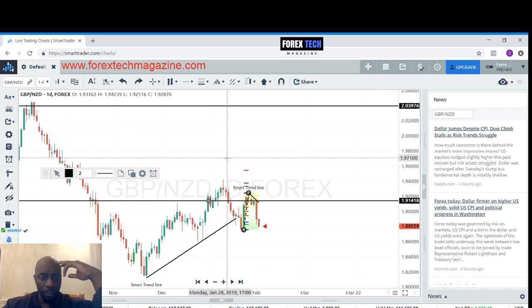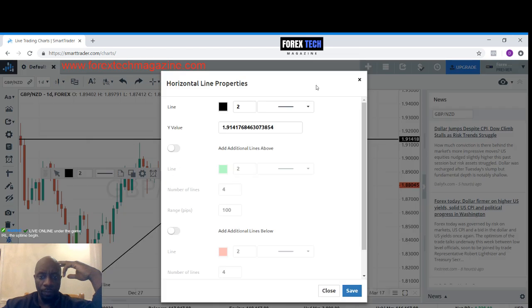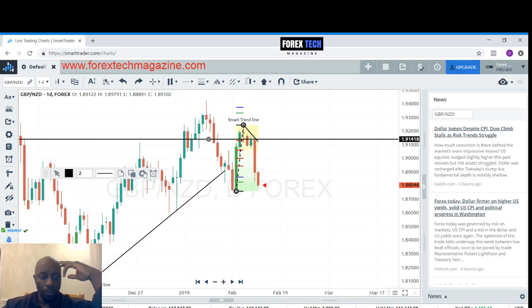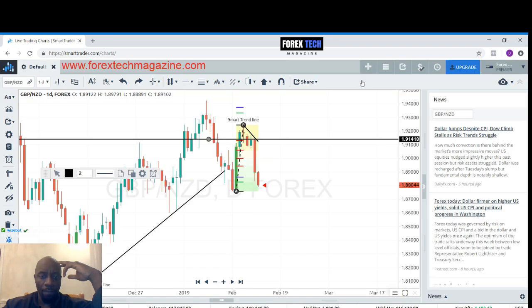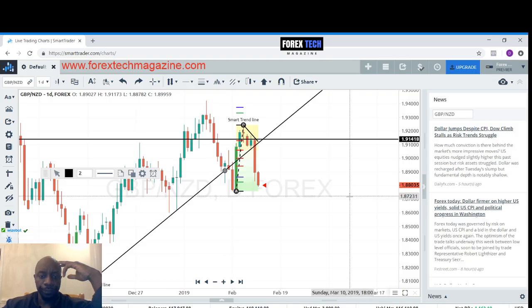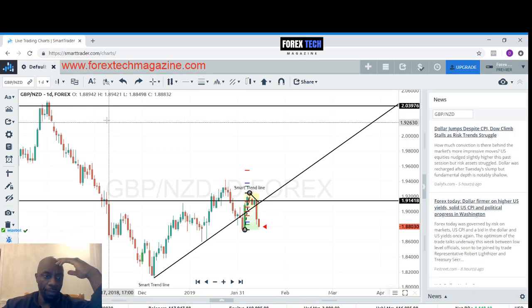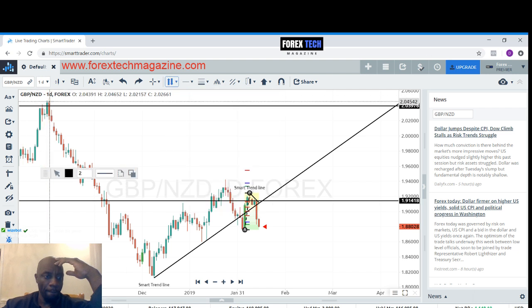Now, this right here is a pretty interesting one. Look at this for a second. So if you notice the original trend line that I put on here, and we'll do it again, let's go from here to here.